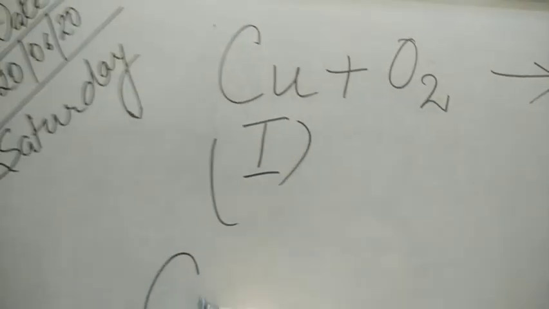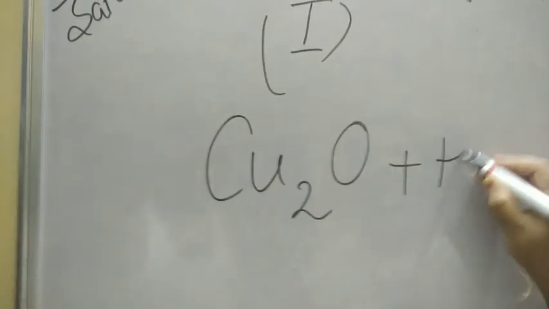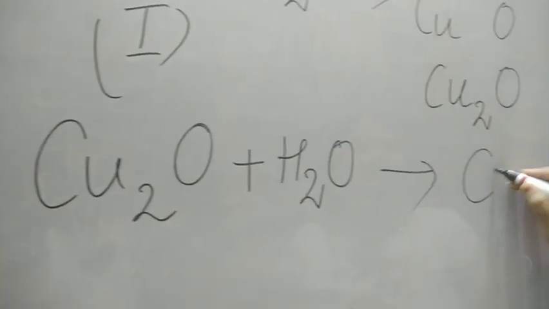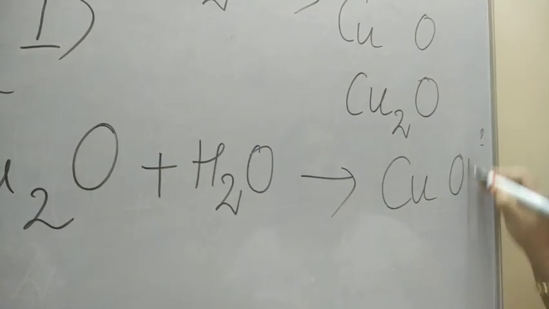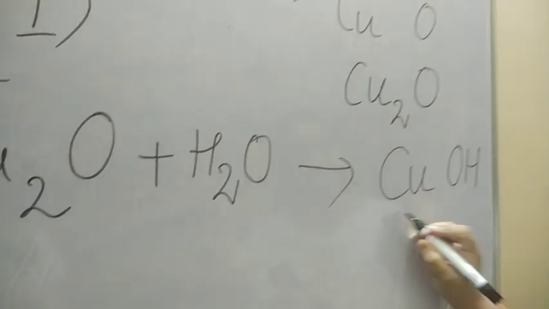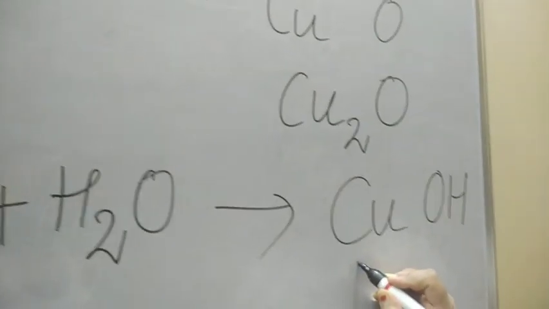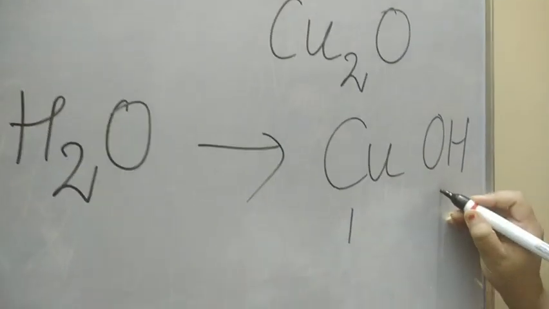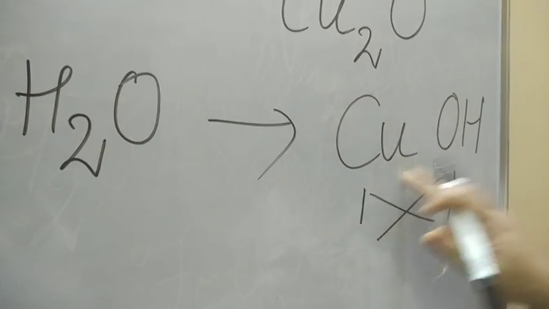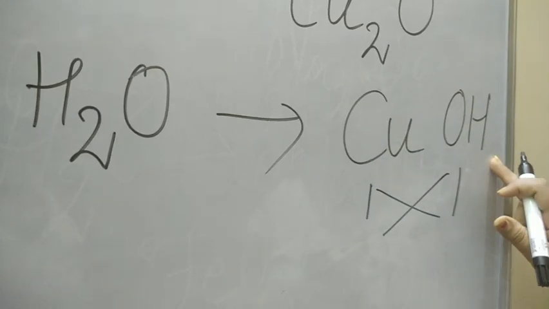Take this, Cu2O plus H2O, which gives CuOH. Now copper valency, if I have taken valency 1, hydroxide valency 1, cross multiply, it will be CuOH. So it is copper hydroxide.